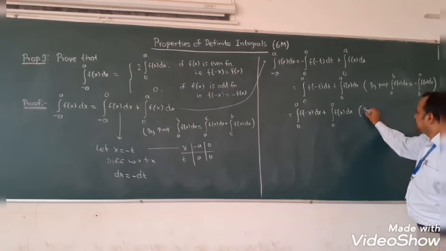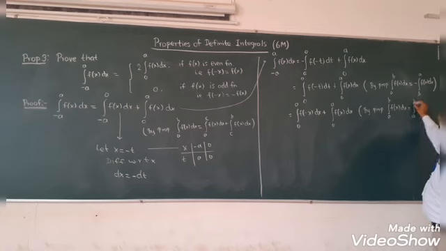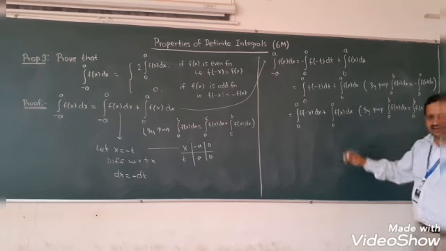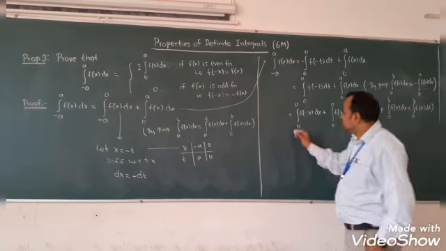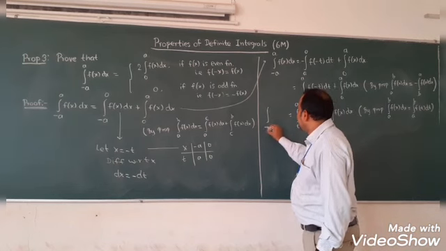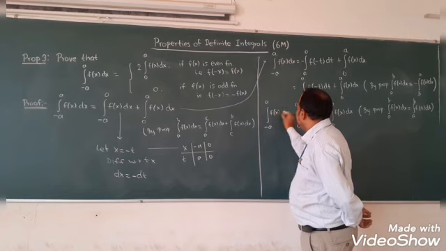So here I can say by property, integral a to b f of x dx is equal to integral a to b f of t dt. So by using this property, we can write like this. We have seen property 1 and property 2. So this is nothing but, minus a to a, here I can say f of x dx.